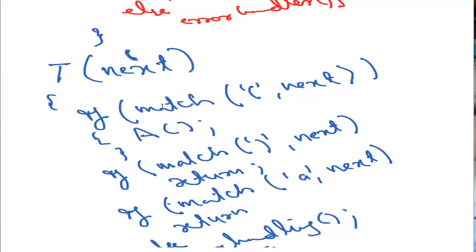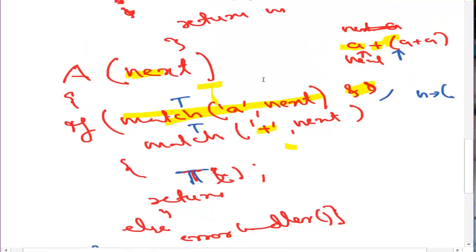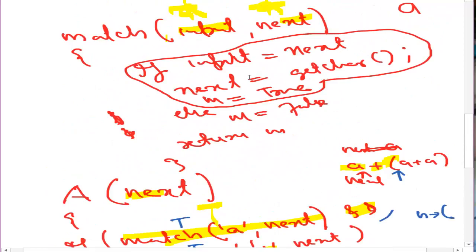Now inside the T, we're calling the match again. When we call the match, we send it opening parent, and we know next has the opening parent in it, so it's going to match. When we call the match, it tries to see input and next.